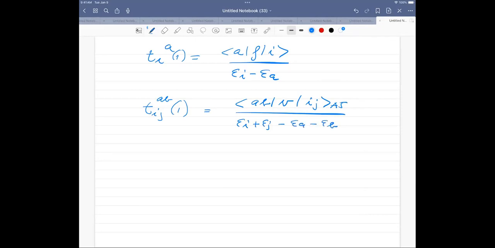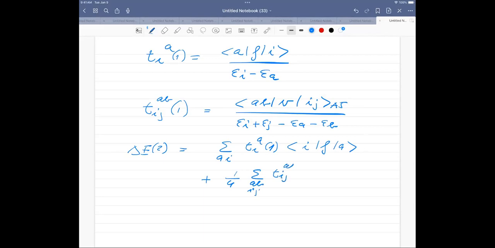So I can rewrite my second order perturbation theory energy as a sum over a i of this t i a to first order multiplied with the matrix element i of F of a, plus a term 1 over 4, sum over a b i j, with my t i j a b to second order multiplied with ij v ab anti-symmetrized.